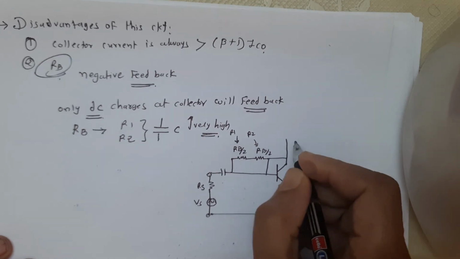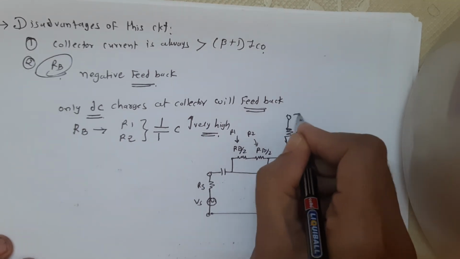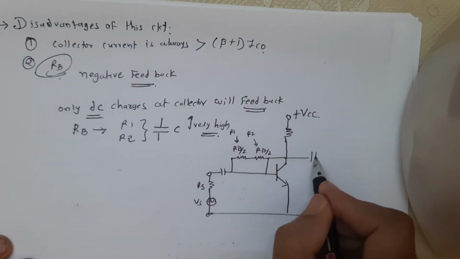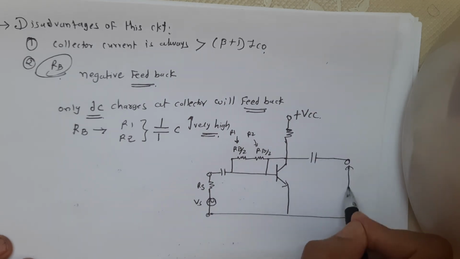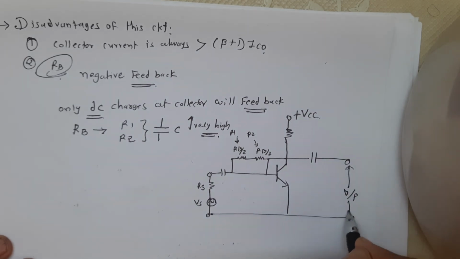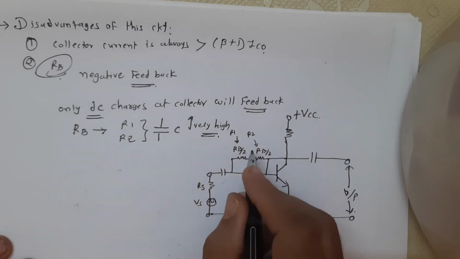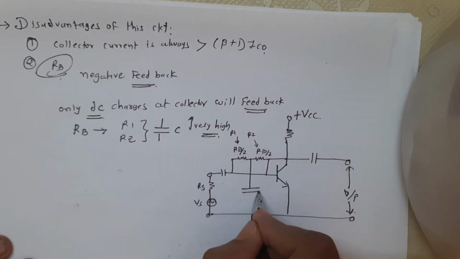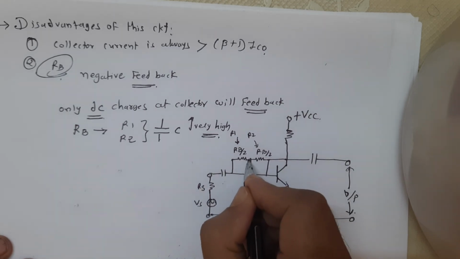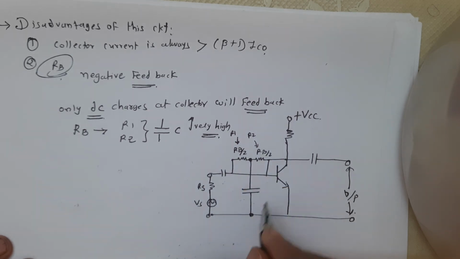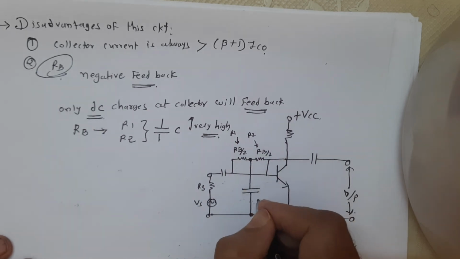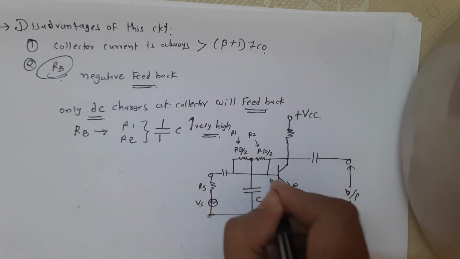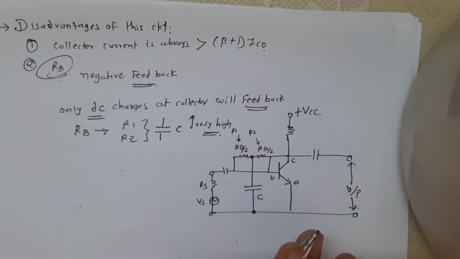This is your supply voltage VCC, and this is your output. In between R1 and R2 there is a capacitor connection, so that the AC feedback is grounded through the capacitor C. This is your emitter, this is your base, this is your collector.